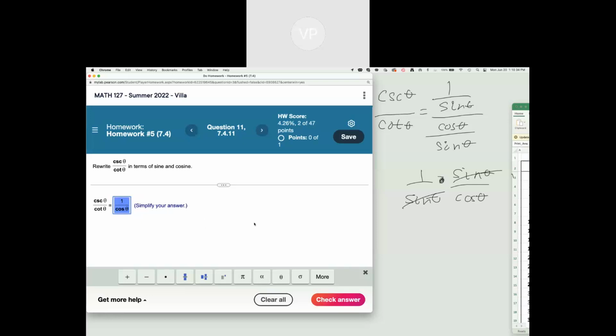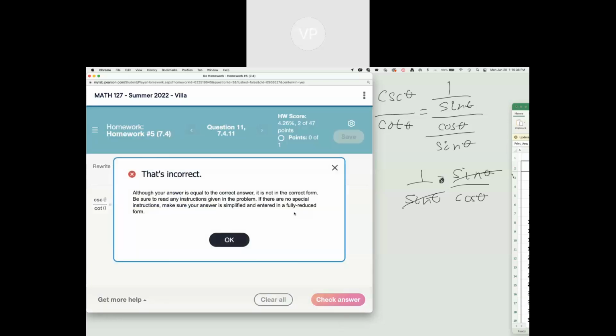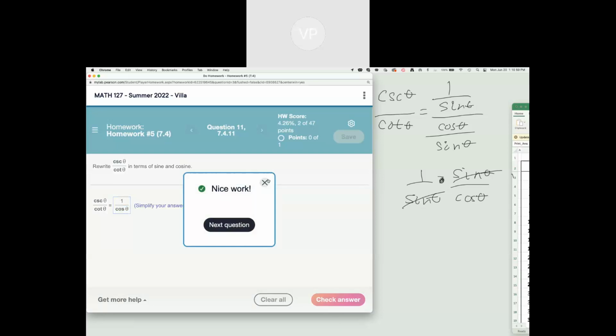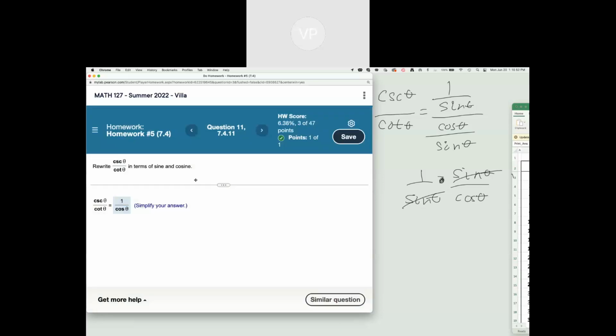They wanted to see it in terms of sine and cosine. So if I put secant of theta, pretty sure they're going to give it a wrong answer, because they want it in a certain form. Even though this is better than what I just had, 1 over cosine of theta, that's the way they want it because of the instructions. So even though the next step, secant of theta, was better, that's not what they're looking for here.